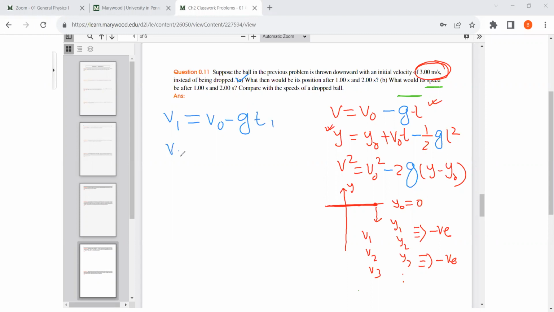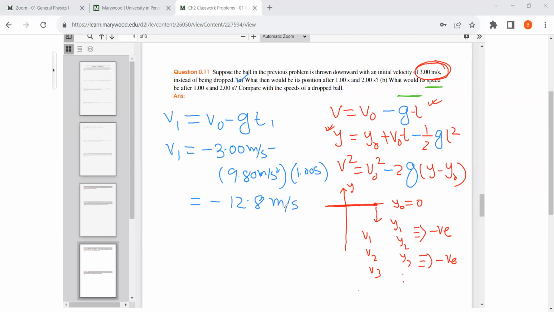Here v1 is the velocity at t equal to 1 second. So what we get is minus 12.8 meter per second.